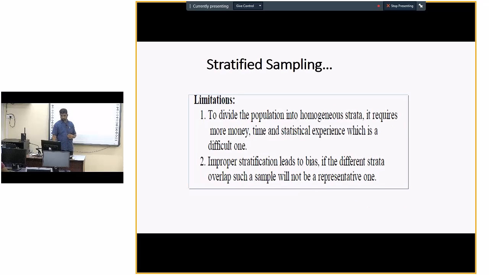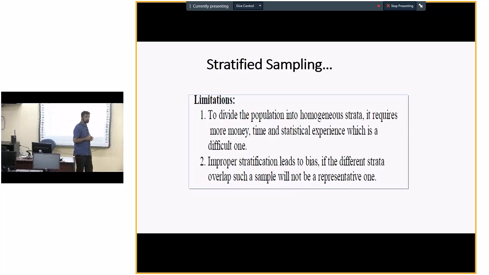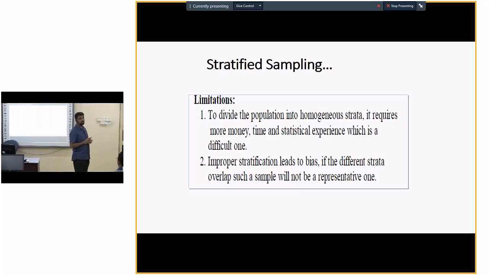And it also has some issues. If you have a homogeneous population, at that time there is no need to divide into strata, right? In our case now, we are going to get information from only males. If our research is based on only males, or only females, the same group, then there is no need to apply stratified random sampling.